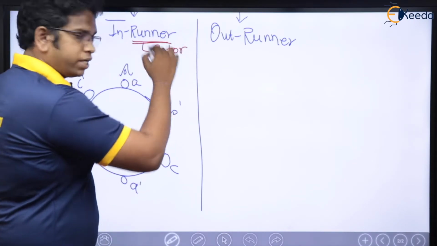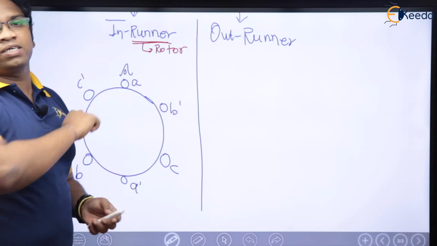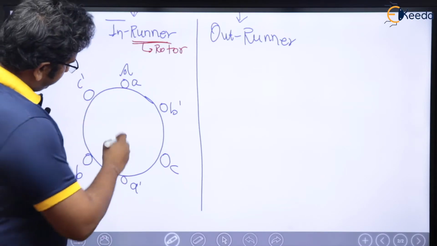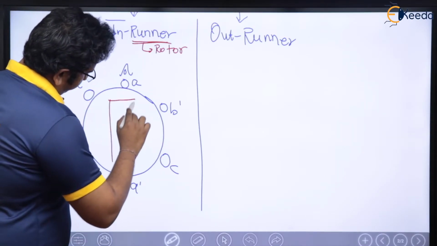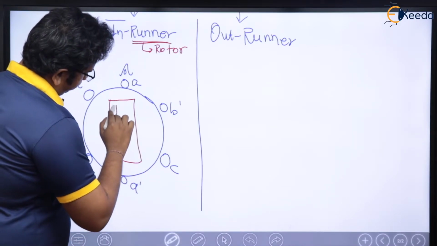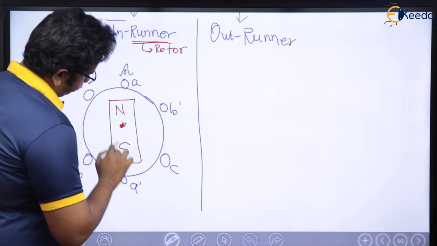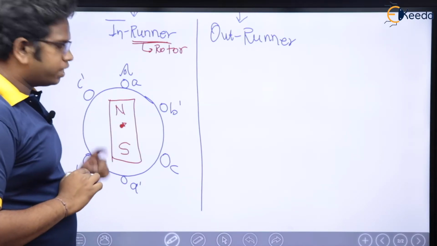Because the rotor is running, in means inside something it is going to run, which means inside this I am going to have the rotor. So, here I am going to have rotor inside it. Am I right? This is going to be the rotor inside it.